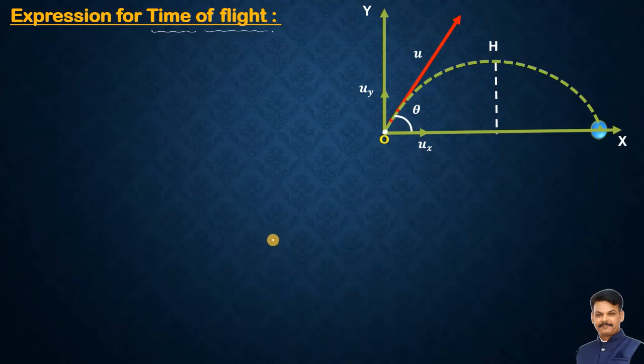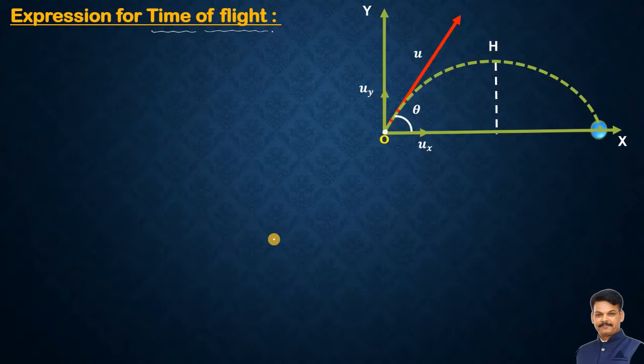Or in other words, it is the total time taken by the projectile to remain in the air. Soon after the projection, the total time for which the projectile remains in the air is known as the time of flight. So it can be defined in two different ways.